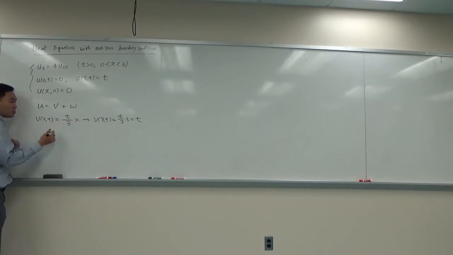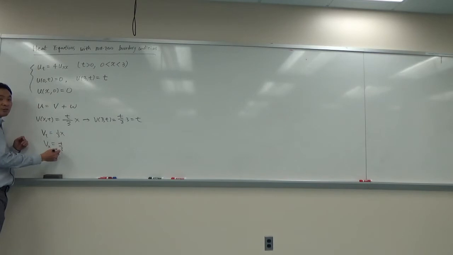If V is really this one, what is Vt? You're doing a partial derivative with respect to t, so what do you get? X over 3. Okay, so that's not good, right? Because if I do Vx, what do you get? You differentiate this by x, you get t over 3.